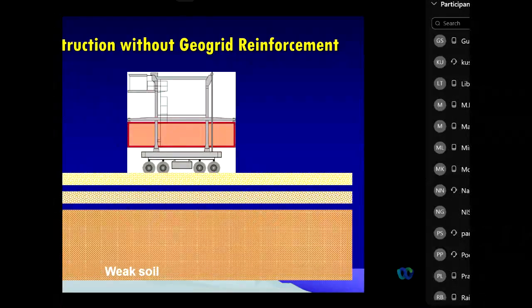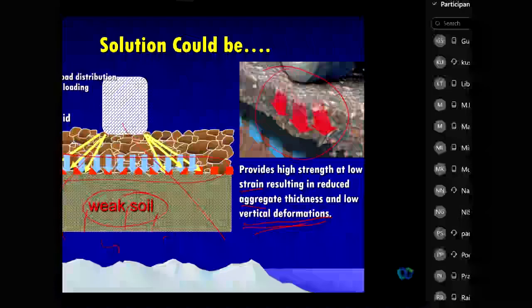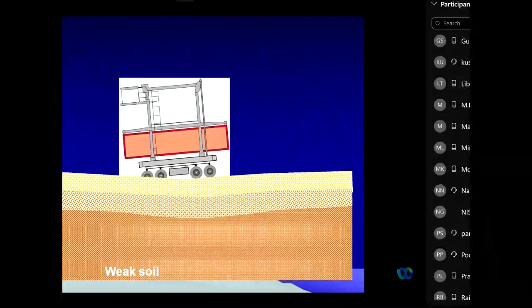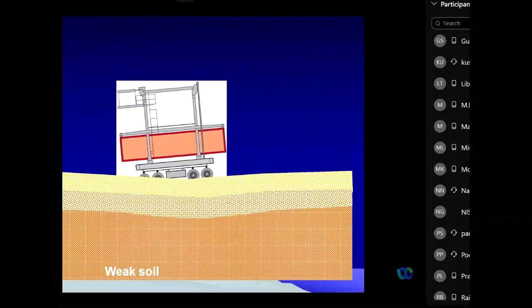I just made this for your easy understanding, so look at construction without the geogrid reinforcement. This is my soil. These are the different layers. You can see the effect is in the entire pavement section, including the subgrade, and the further movement goes inside and inside.